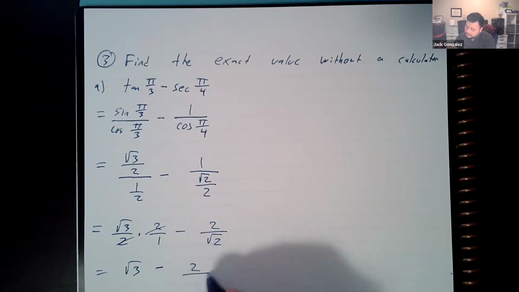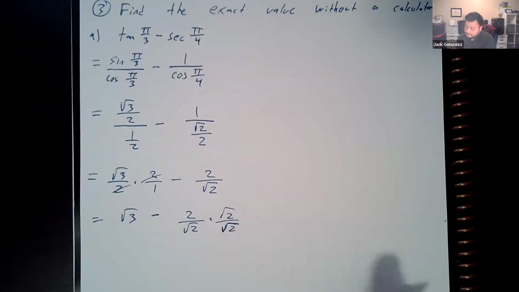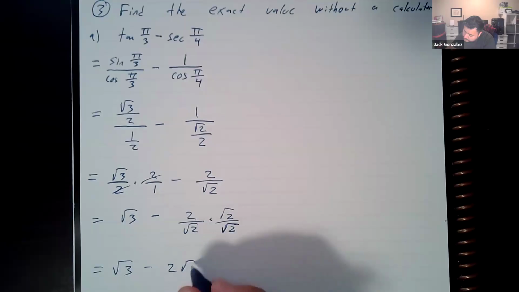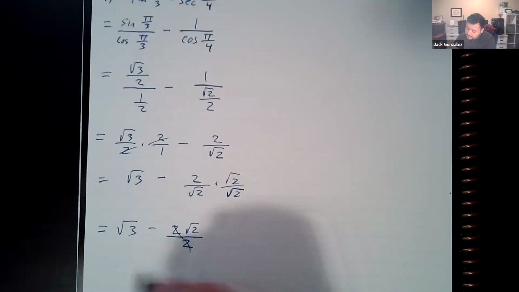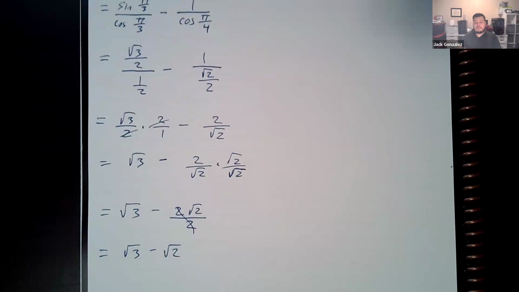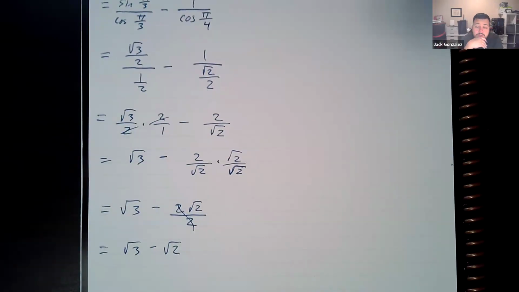Now on this guy, we should rationalize because we don't like square roots on the bottom. So that will be 2 root 2 over 2, which will cancel that, leaving me here. This is what we used to call the back of the book answer. Completely cleaned up, I guess.